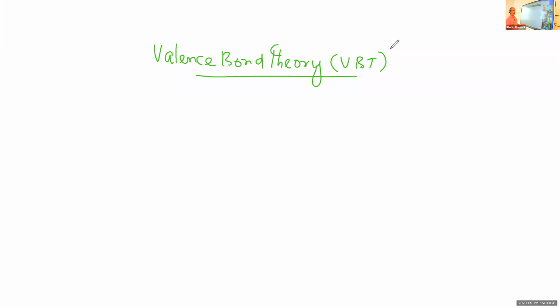According to this theory, a covalent bond is formed by the overlapping of half-filled atomic orbitals. This is talking about the covalent bond formation. So, a covalent bond is formed by overlapping.